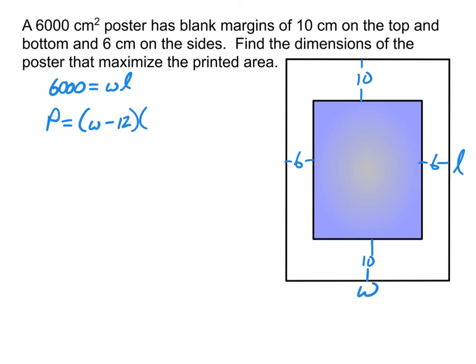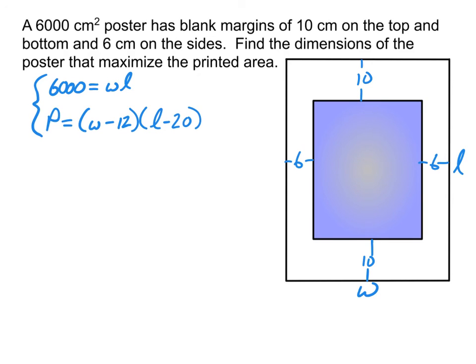And then that's going to be times the length of the printed area. So that'd be the total length, L, minus our margins total, which is going to be 20. So L minus 20. We now have our two equations.